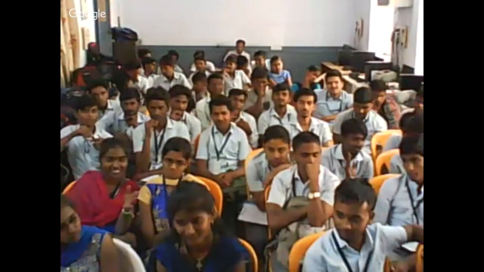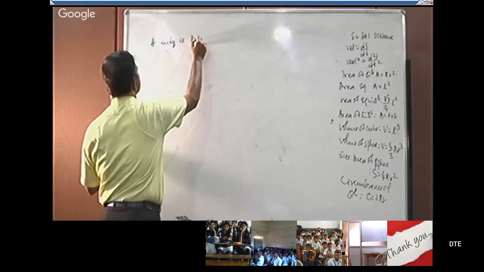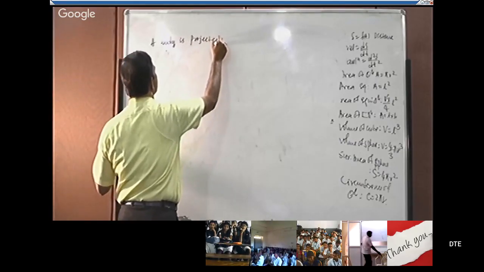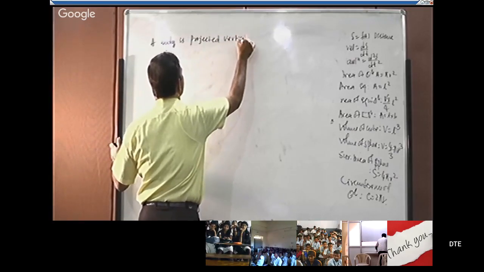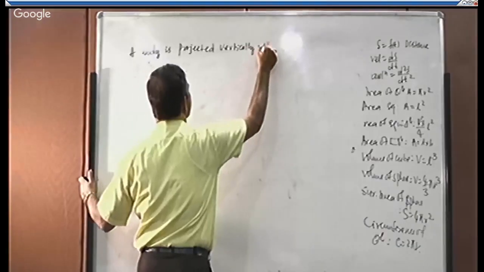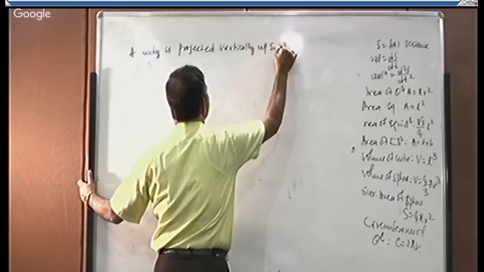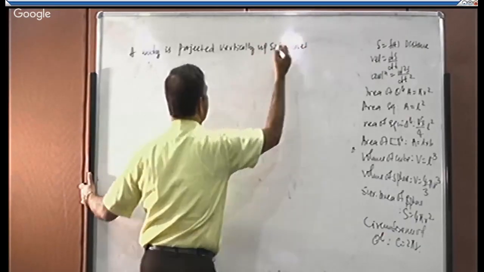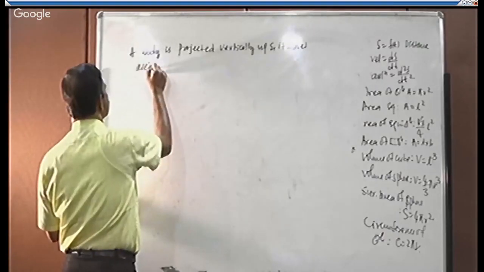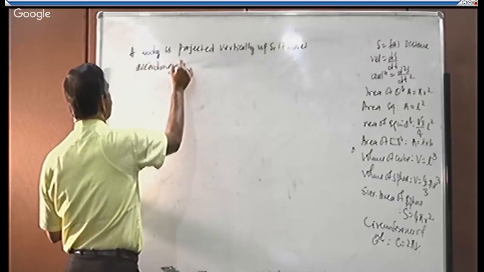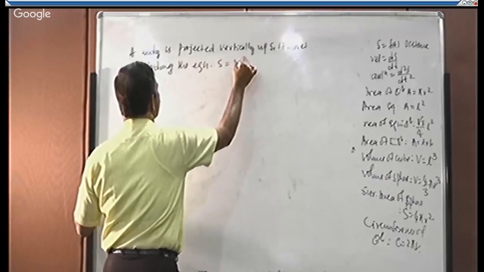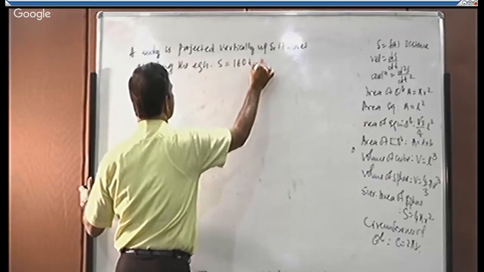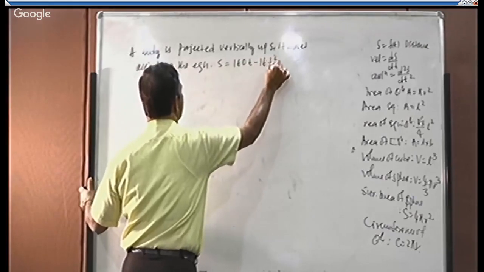A body is projected vertically up, and it moves according to the equation S is equal to 160t minus 16t square.